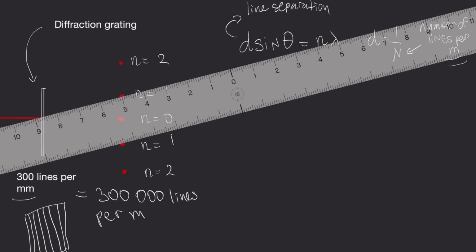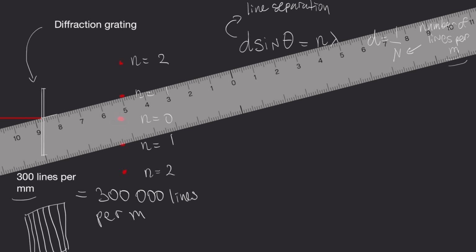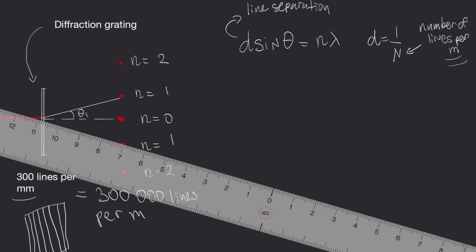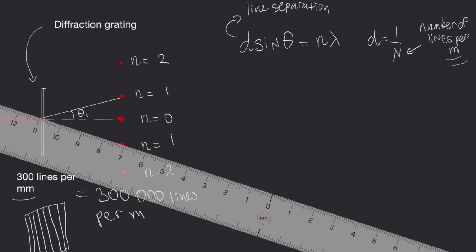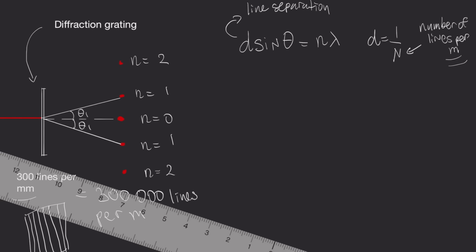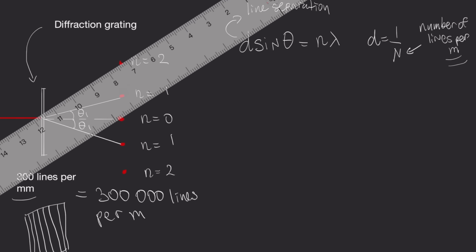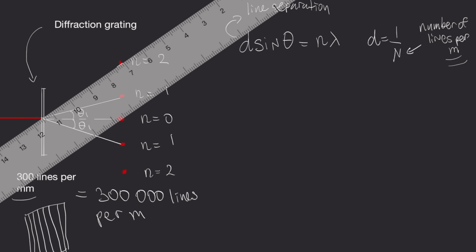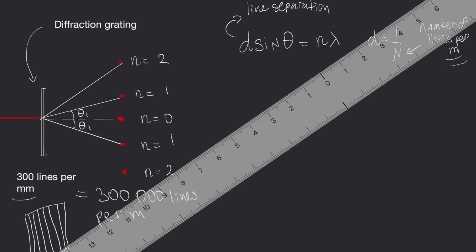This angle is going to be the angle between the diffraction grating and the first fringe. Because the pattern is fully symmetric, this will be 100% equal to the angle here, which is also going to be theta 1. Theta 2 will be the corresponding angle between the diffraction grating and n equal to 2.